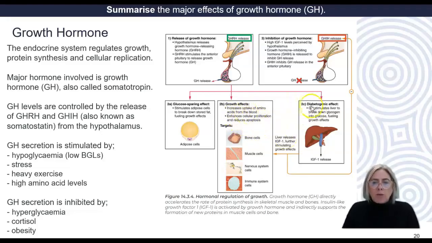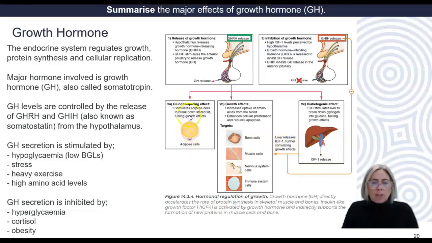It also has what we call a diabetogenic effect, where growth hormone stimulates the liver to break down glycogen into glucose as well, and that will add more glucose into the bloodstream and fuels growth effects. And it also causes the liver to release this insulin-like growth factor, and that will then further stimulate growth effects.